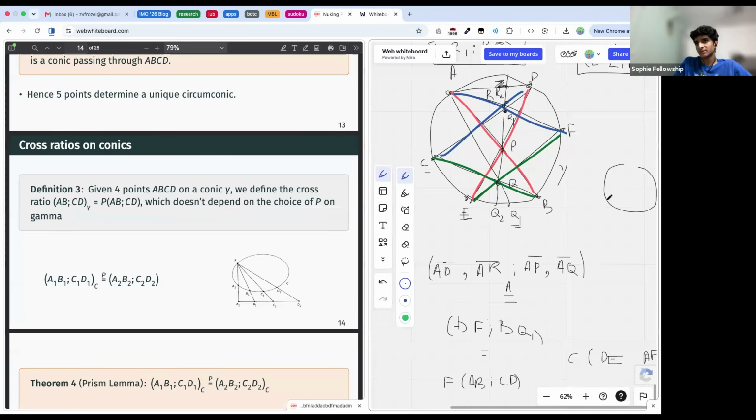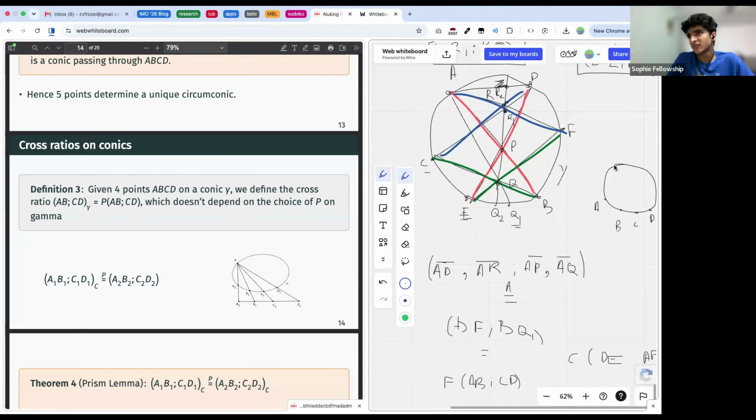So if you have 4 points A, B, C, D on a conic, so far we get how to define the cross ratio of 4 points that are collinear on a line. And we also get how to define the cross ratio of 4 lines that are concurrent at a point. How do we define the cross ratio of 4 points that lie on an arbitrary conic?